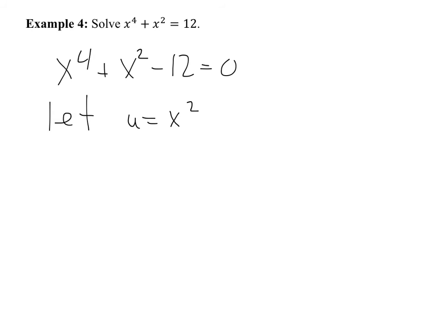Now recognize that this first one is really x to the 4th, so it's like x squared times x squared. That's what makes the first one u squared. And then from there, it's pretty straightforward.